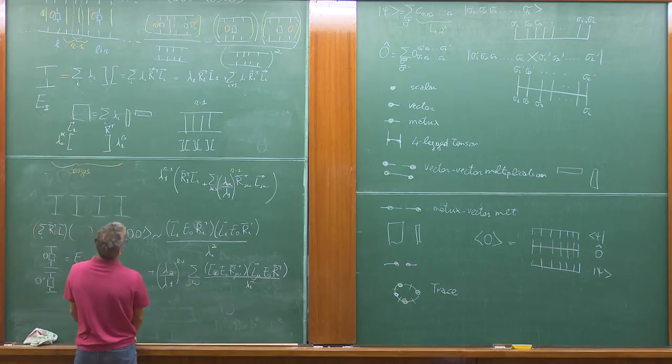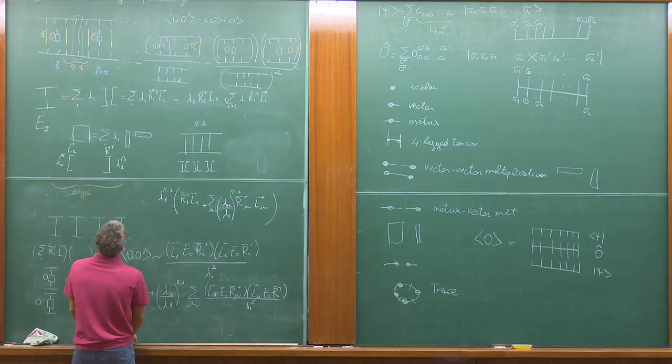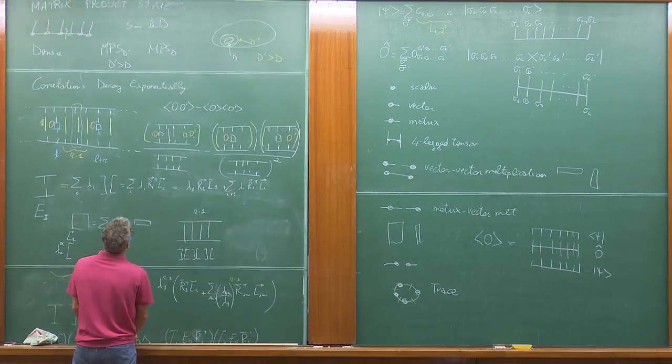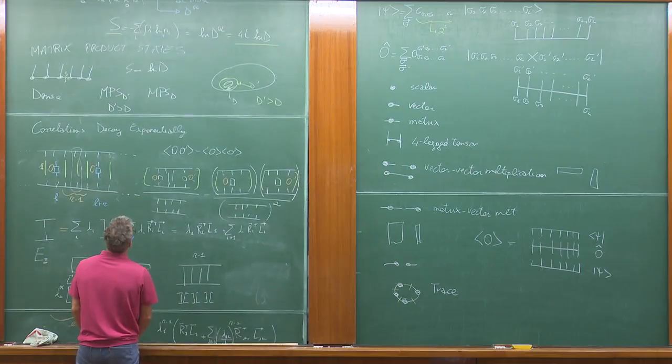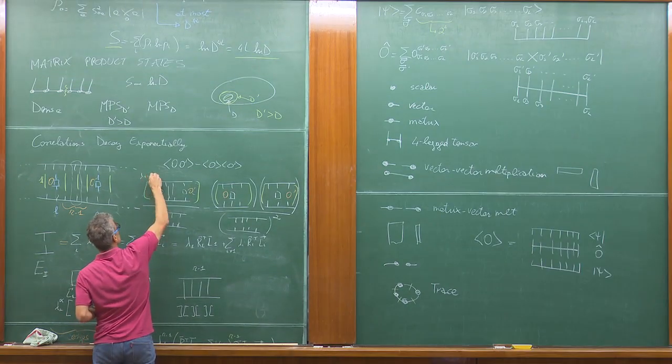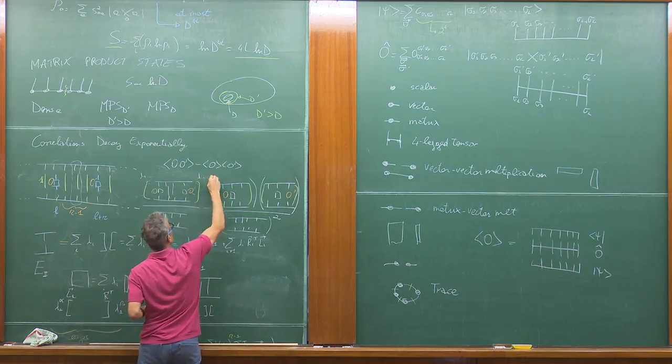Let me try to describe it graphically. So here I have all the lambda 1s, lambda 1s, lambda 1s here. Here all lambda 1s, okay?